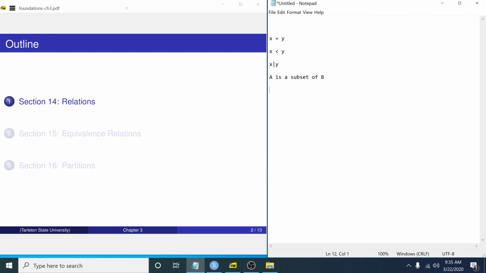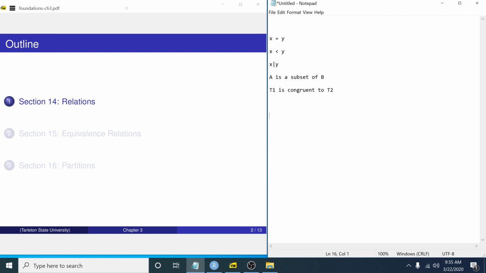Or we could even say something totally out there like a triangle T1 is congruent to a triangle T2. So the congruency concept from trigonometry is a relation. So that's the first way that relations have shown up in your mathematics courses up to this point.